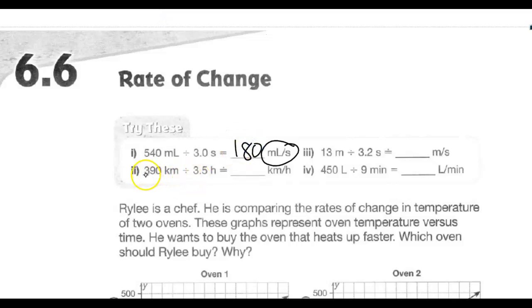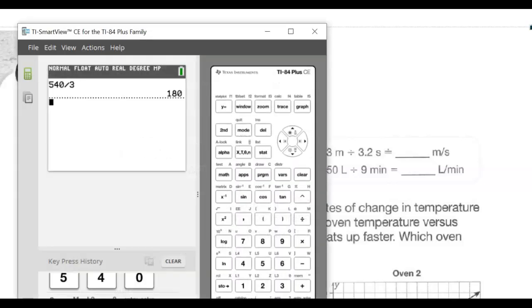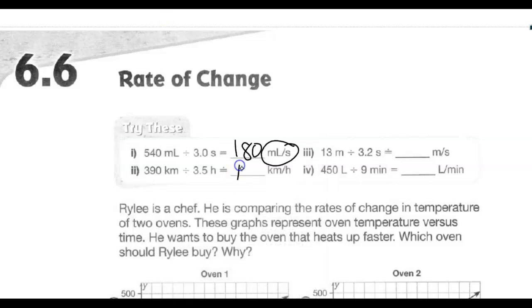Part 2, 390 kilometers divided by 3.5 hours. So that's kind of like finding the speed that you've traveled. So 390 divided by 3.5 hours is 111.4 kilometers per hour. So it's highway driving. 13 divided by 3.2.